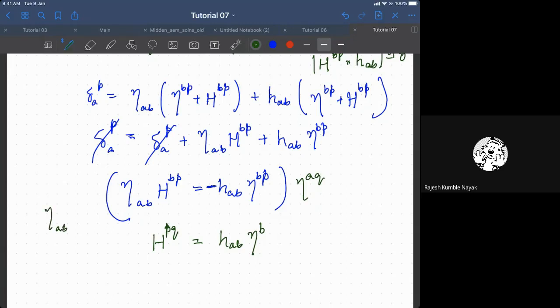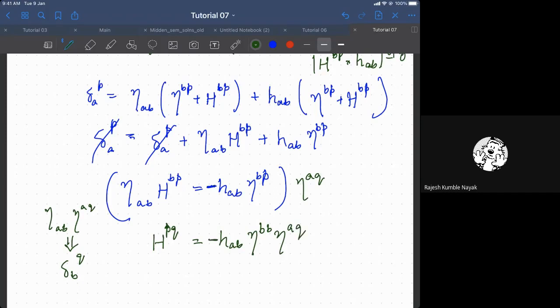A, B, then this becomes AQ, so this in turn becomes a delta_BQ, and then that B gets replaced by Q, and that is why you have H of BQ. And here there are no complications. It is all straightforward. So you have eta^BP and eta^AQ.